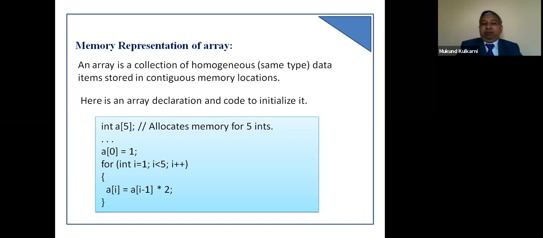Then we can use index numbers to access array elements inside it. We can also use looping structures to initialize or to work with array values. You can see in a code, we can use a for loop to work with array elements, which is most commonly used technique in C programming.